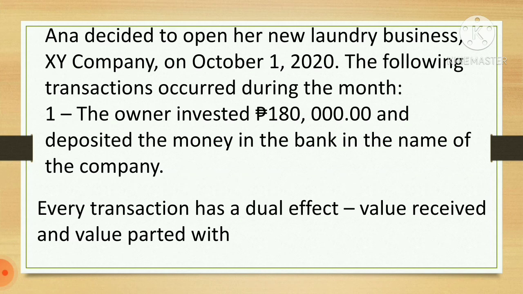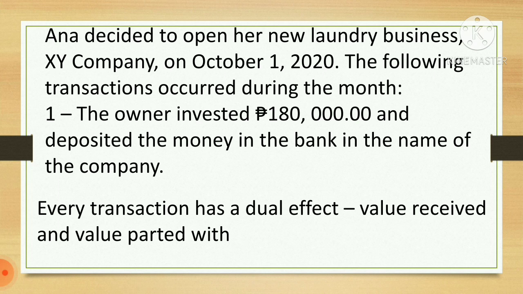Now, let's go to analyzing the effects of business transactions. So going back, you have to remember that every transaction has a dual effect. When we say dual effect, something is debited and something is credited. Now, what is debit? When we say debit, it's on the left side. When we say credit, it's on the right side.